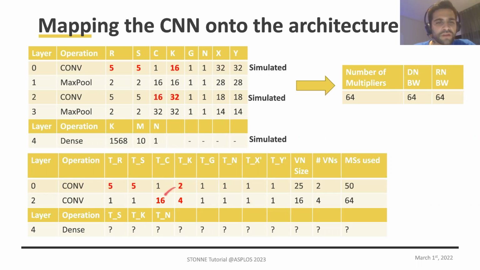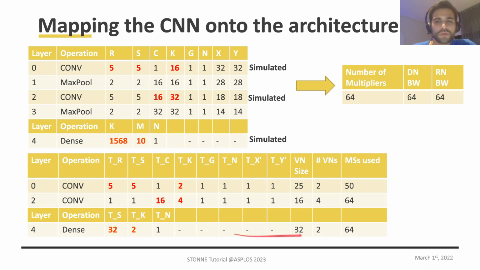The second layer is like this. Yes, we have 16 channels and 4 K here. So we are mapping 64 multipliers, right? And in the fully connected case, we map spatially 32 inputs at the same time, and every 32 inputs will calculate one output. We will have 2 outputs, right?